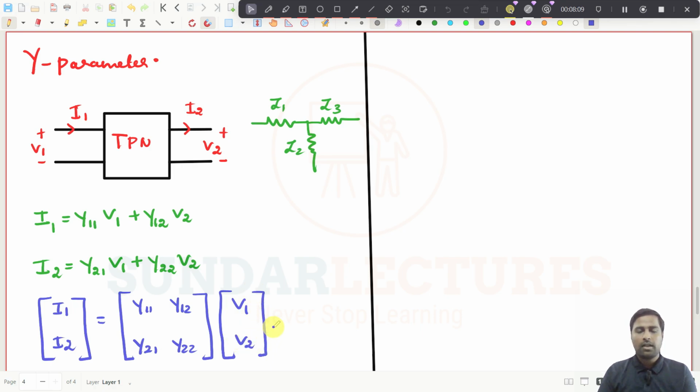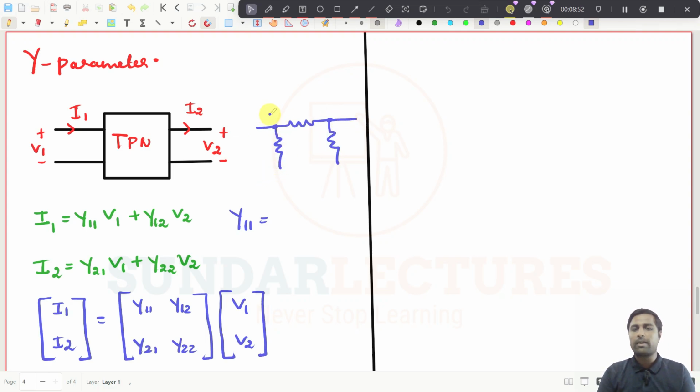What will be your Y11? The value is the inverse one, right? Y11 should be what? It will be the two-port network. Maybe I will take a different circuit so that you can easily understand. See, like this. If it is like this, this connection is there, and also this connection is there.